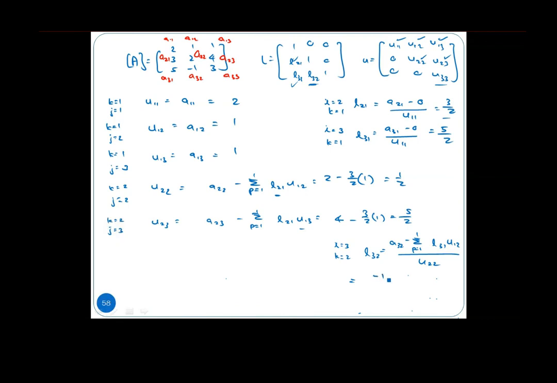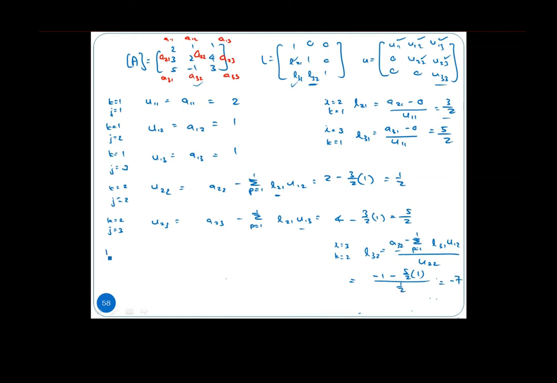A32 is here, is minus 1 we have obtained. Then minus our L31 and U12: L31 is negative 5 over 2, U12 is 1, then over U22, which is 1 over 2. So it gives us negative 7.